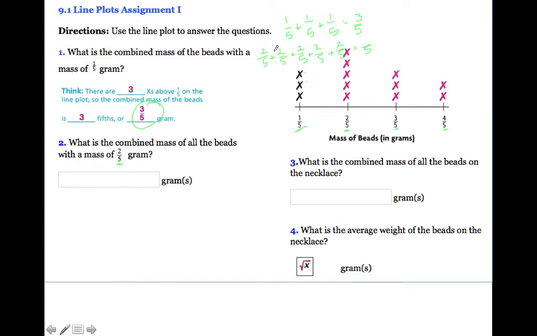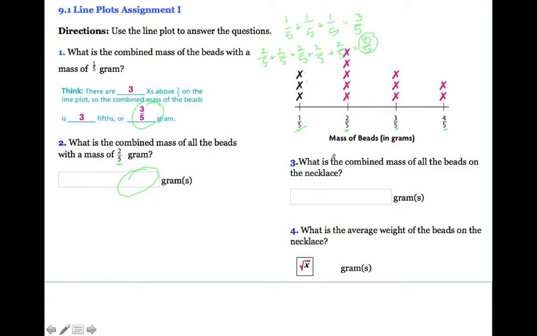Keep it and add 2 plus 2 plus 2 plus 2 plus 2 is 10. So there are 10/5 that can be simplified by dividing 10 divided by 5, and you would get your answer right there. This is not to give you the answers, but to help you solve them. So that would help you there.